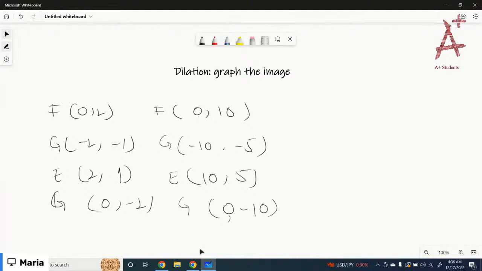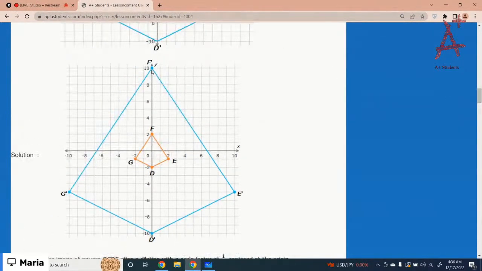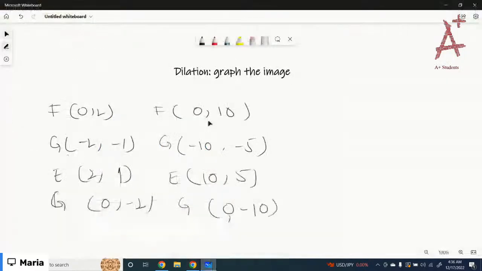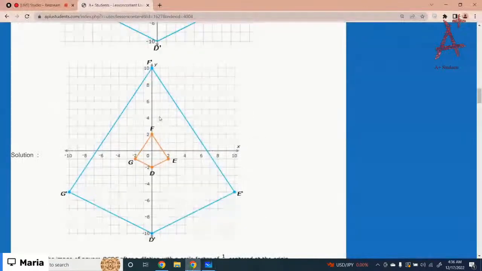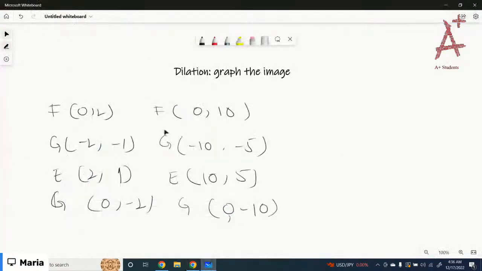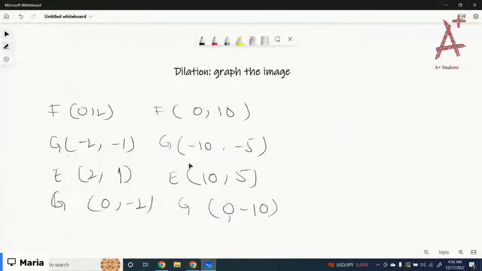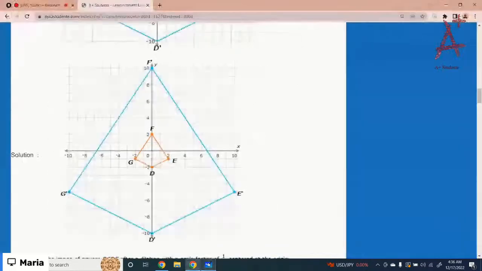Let's see if this is the dilated image. F is 0 and 10. Yes, here we have 0 and 10. G is -5 and -10. Sorry, X is -10 and Y is -5. Yes, it is -10 and -5.